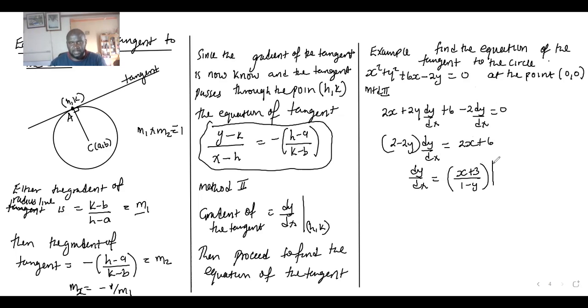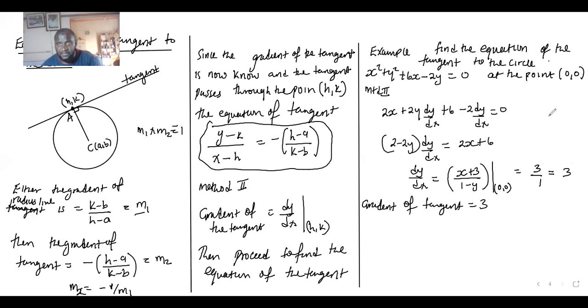Now, you're supposed to substitute (0, 0). When you substitute (0, 0), you will get 3 out of 1. So this is the gradient of the tangent. Therefore, the gradient of the tangent will be 3.